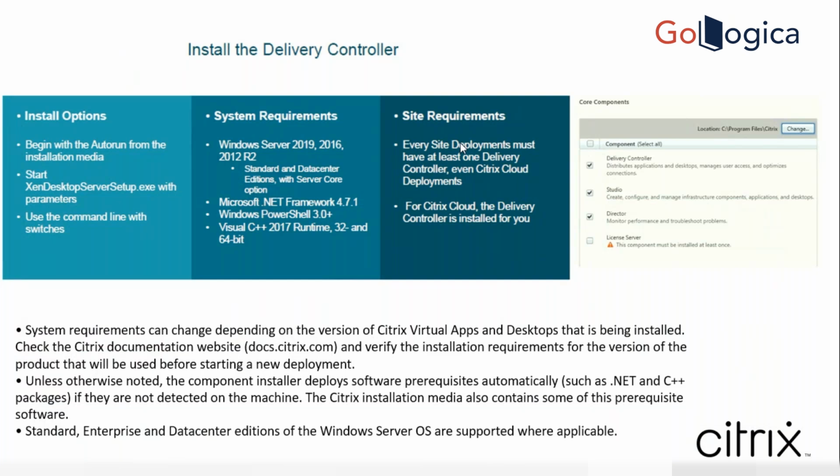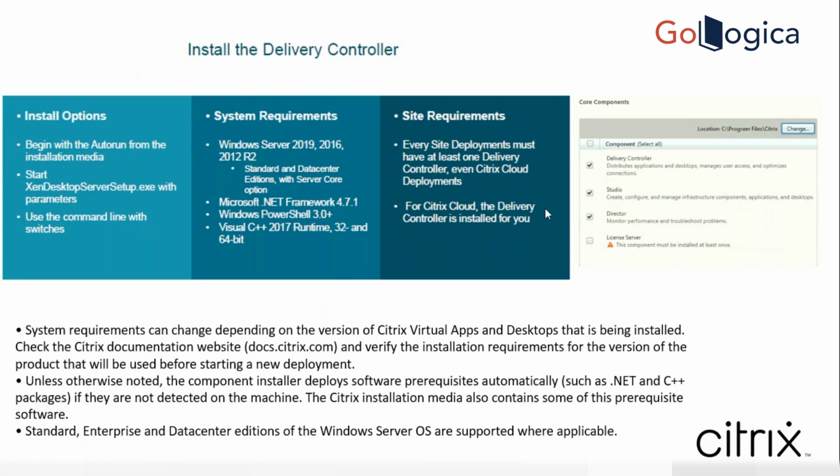The minimum is one; at least one delivery controller should be there. You can install the delivery controller on premises or in cloud.